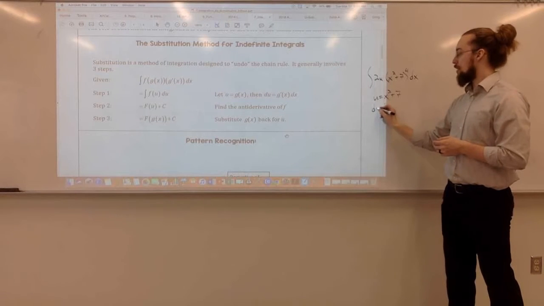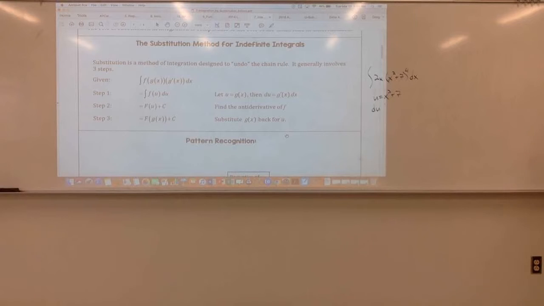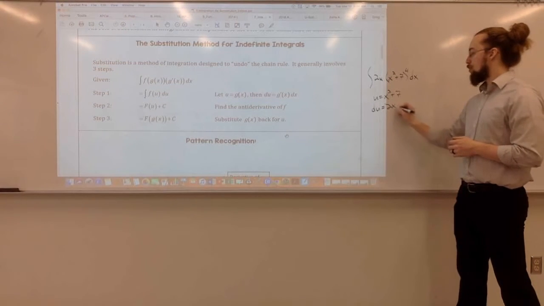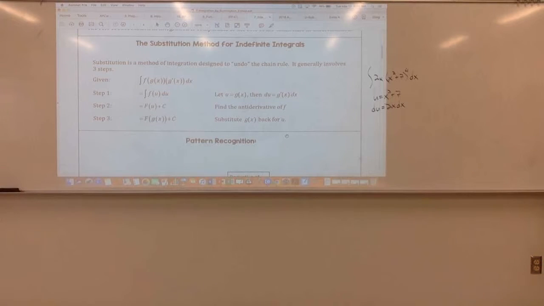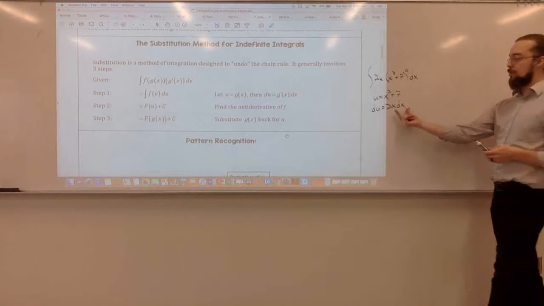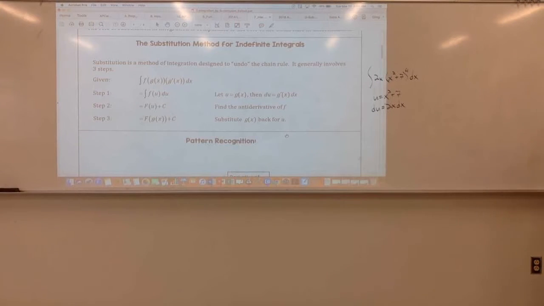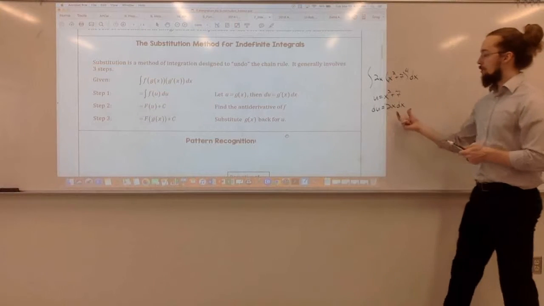Now I want to take the derivative of u, and I'm going to denote that du. So the derivative of u here is just 2x dx. Taking the derivative here when we're using u substitution, we do want to tack on our dx. So that's step 1 here.